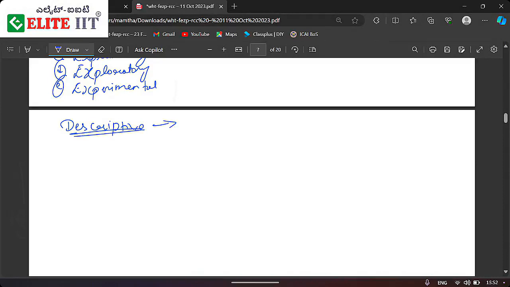Here, the researcher is going to describe the situation in an entirely systematic manner. Please do write down the key points over here. You will have situational problems, or any situational phenomenon.